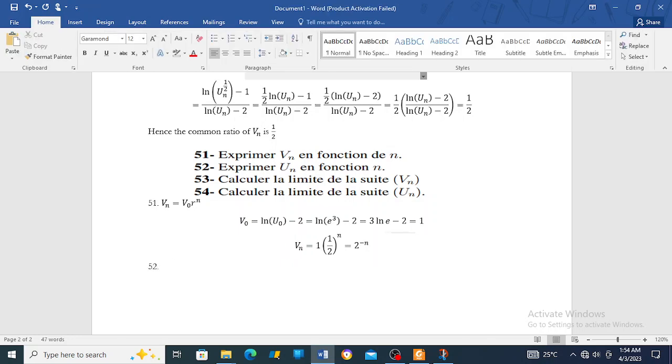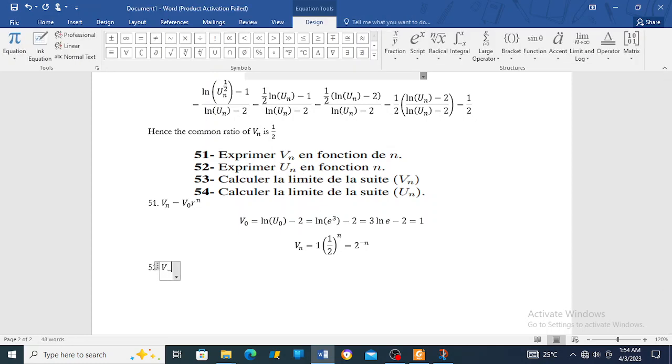52, express u of n in terms of n. Now since we have v of n equal to the ln of u of n minus 2, we can get the ln of u of n, and then we get u of n subsequently. So the ln of u of n is equal to v of n plus 2. And what's v of n plus 2? It is 2 to the negative n plus 2.